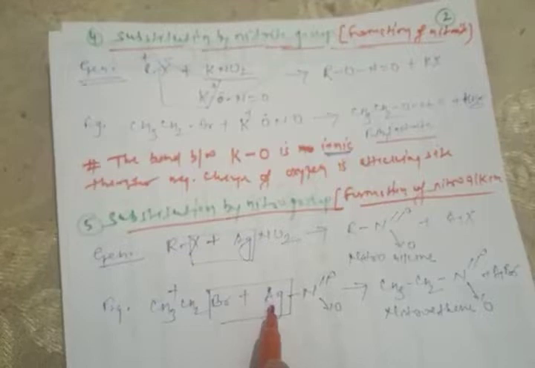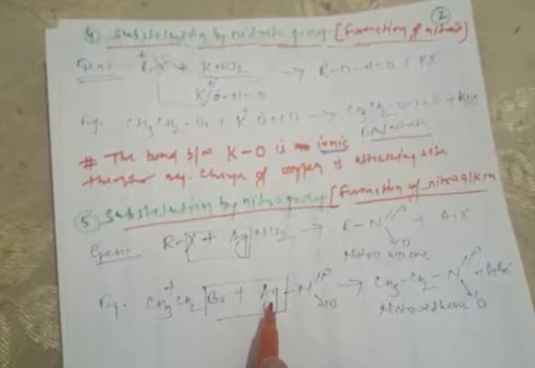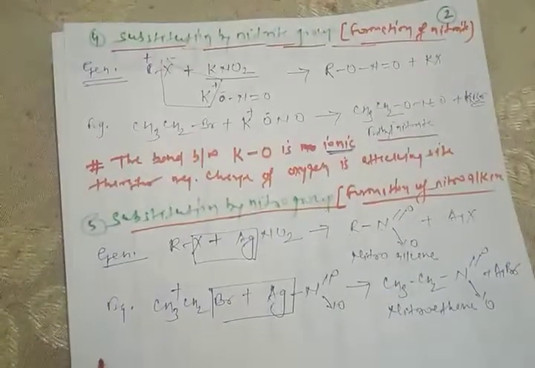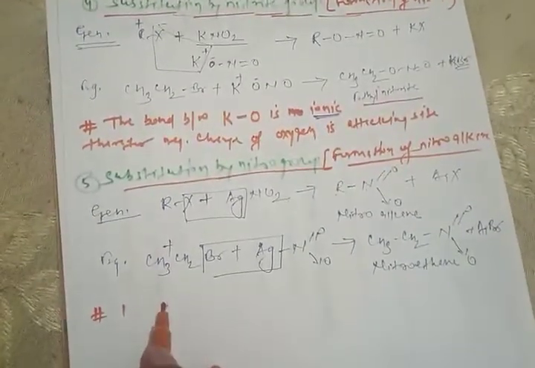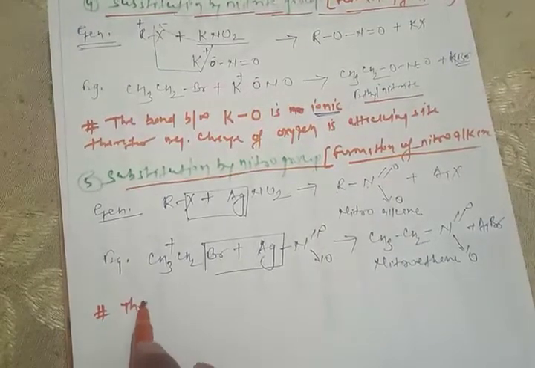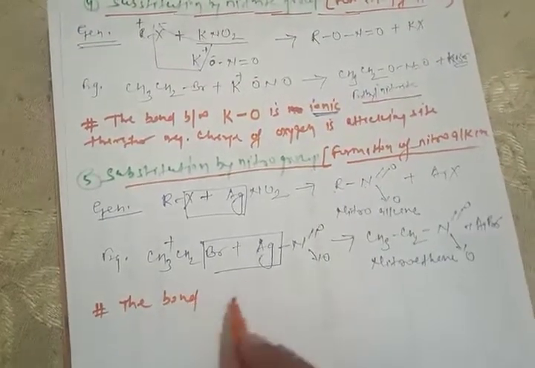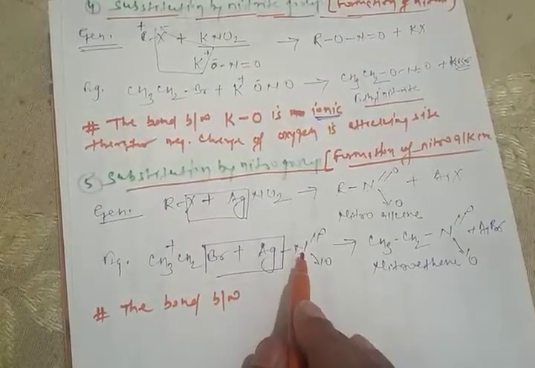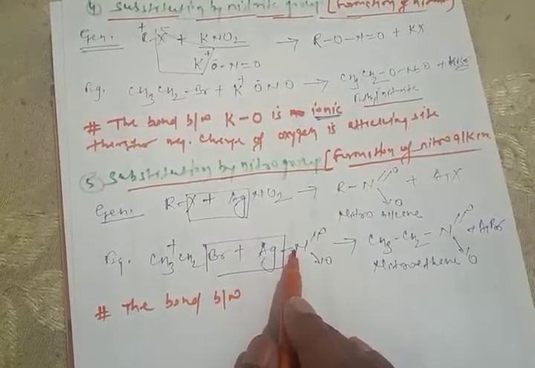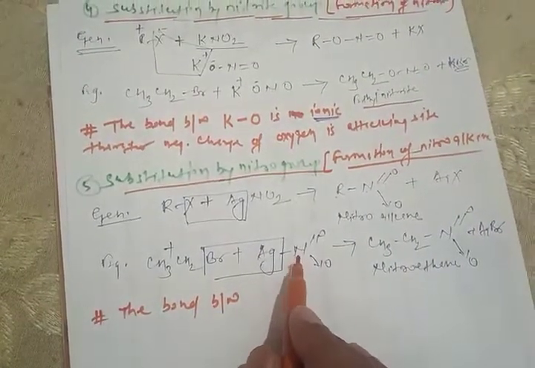Here the bond between Ag and O is covalent.